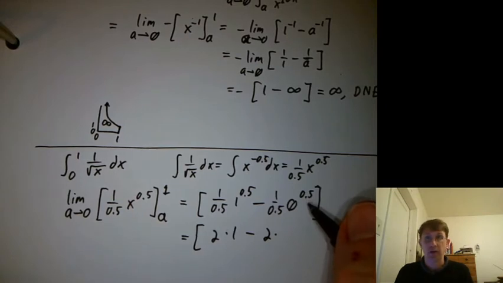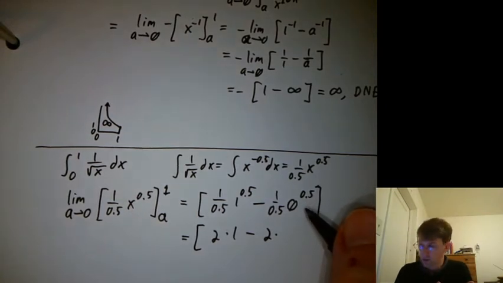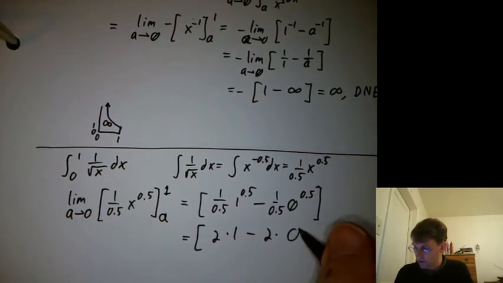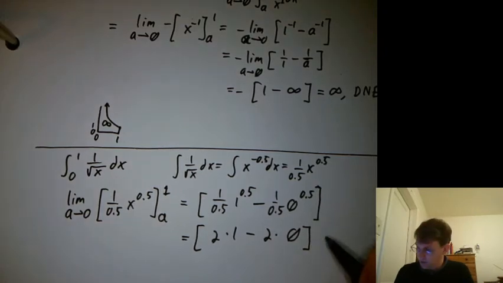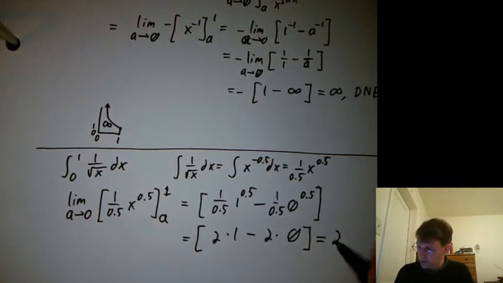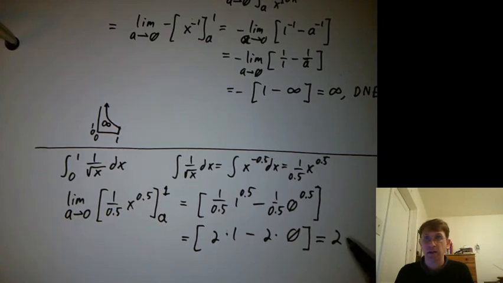And then what's 0 to the 0.5? Well, remember 0.5 is the same as taking the square root. So this is saying square root of 0. What number when you multiply by itself gives 0? That's 0. Some people make it too complicated and say the square root of 0 is undefined, but no, the square root of 0 is 0. So altogether, this just equals 2. We didn't get any infinities, we didn't get any divide by zeros.